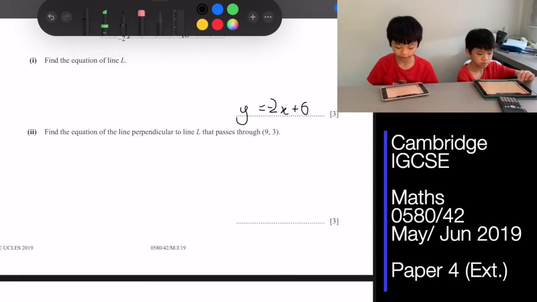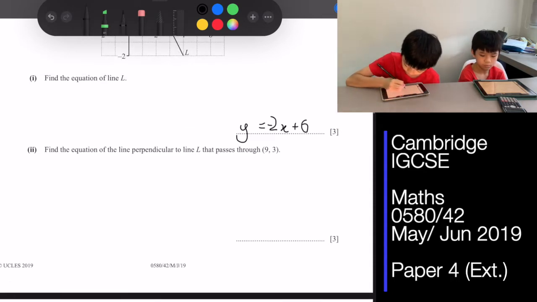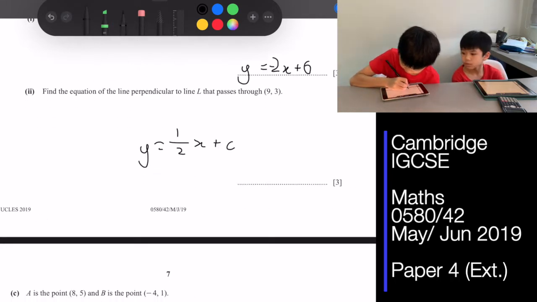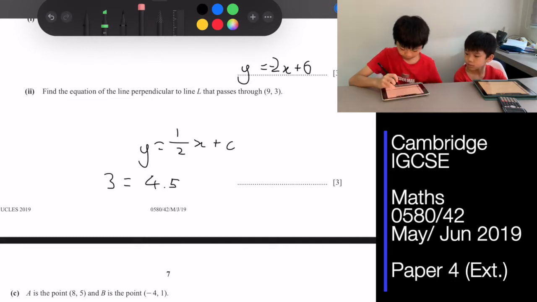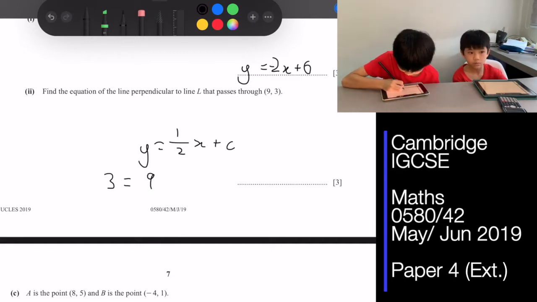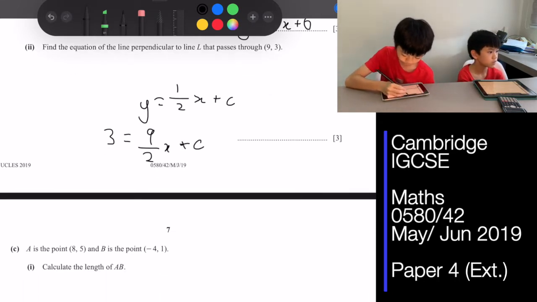Find the equation of the line perpendicular to line L that passes through 9, 3. So y equals the negative inverse of negative 2, which is half x, and then plus c. So when y is 3, x is 9, 4.5. How can we change 4.5 into a fraction? 9/2. Oh yeah, we could just use 9/2. 9/2 plus c.